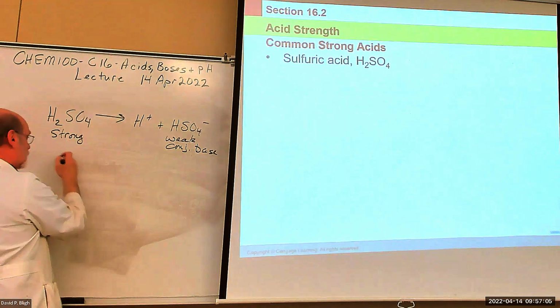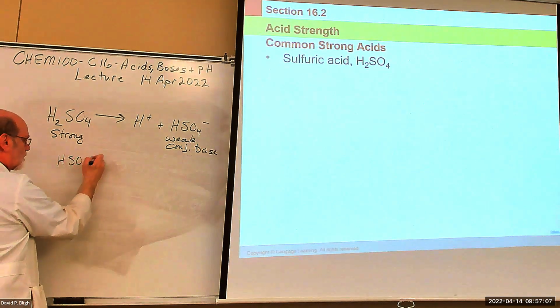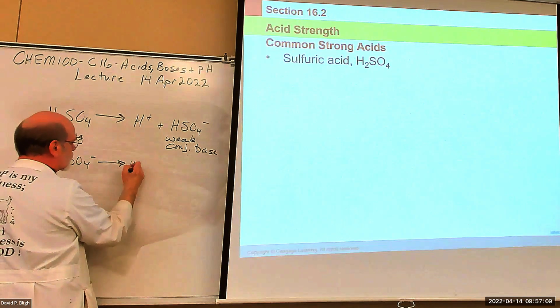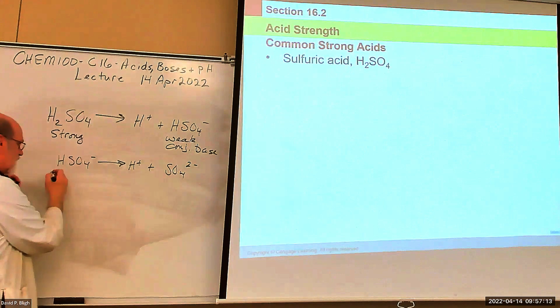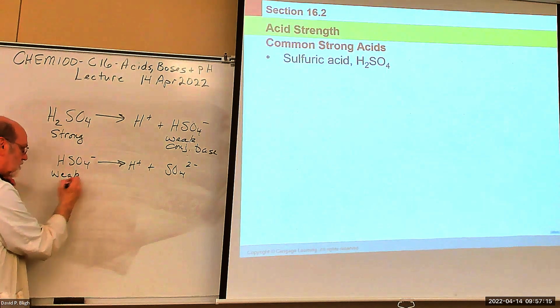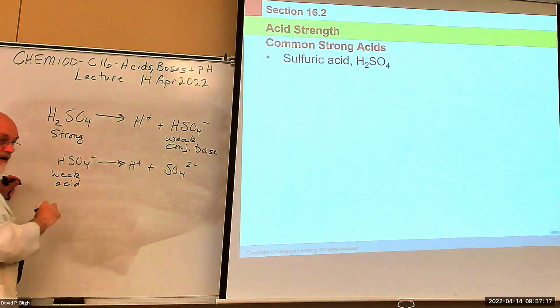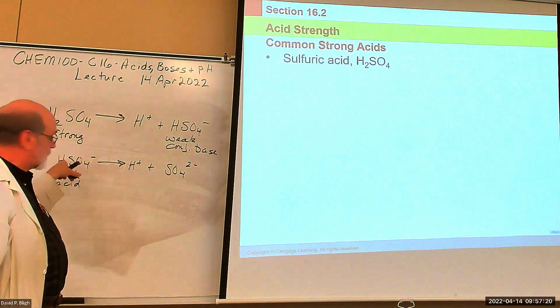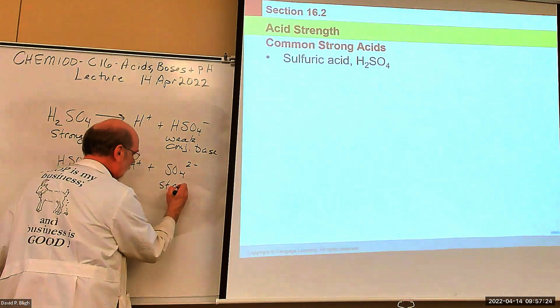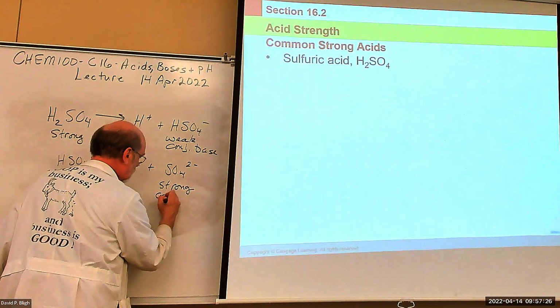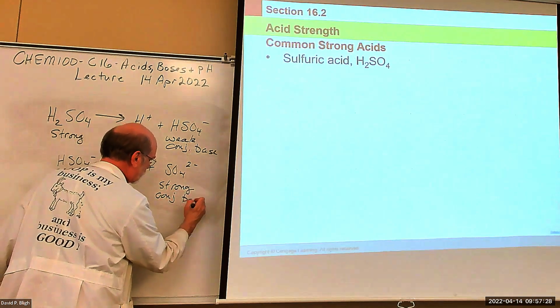But now if we take this one and we try to dissociate that, this is a weak acid. It's very difficult to remove that hydrogen from this anion. So that makes this one a strong conjugate base.